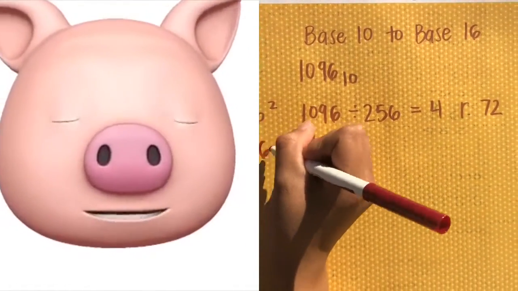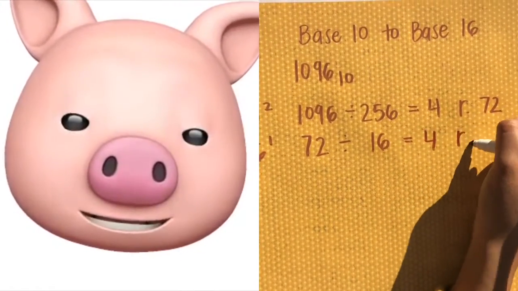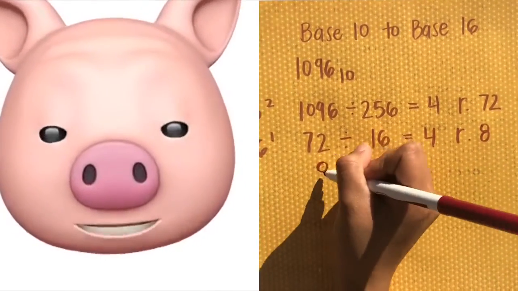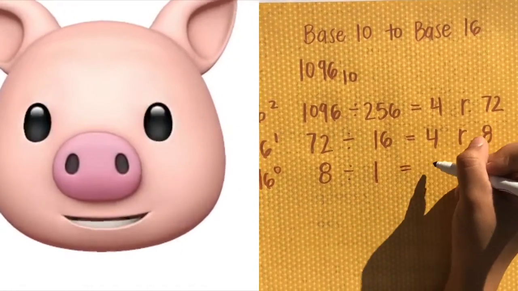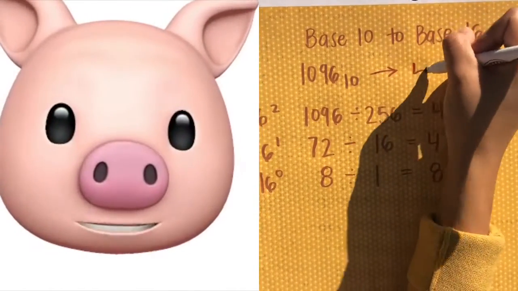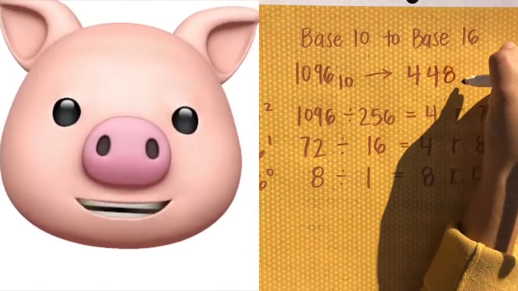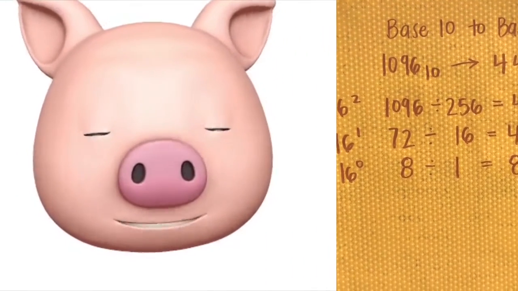Now we carry over the remainder 72 and divide it by 16 to the power of 1, or just 16, and we get 4 again, remainder 8. Carrying over the 8, we divide that by 16 to the power of 0, or 1, and we get 8, remainder 0. Now we put the answers all together and we have 448 base 16.